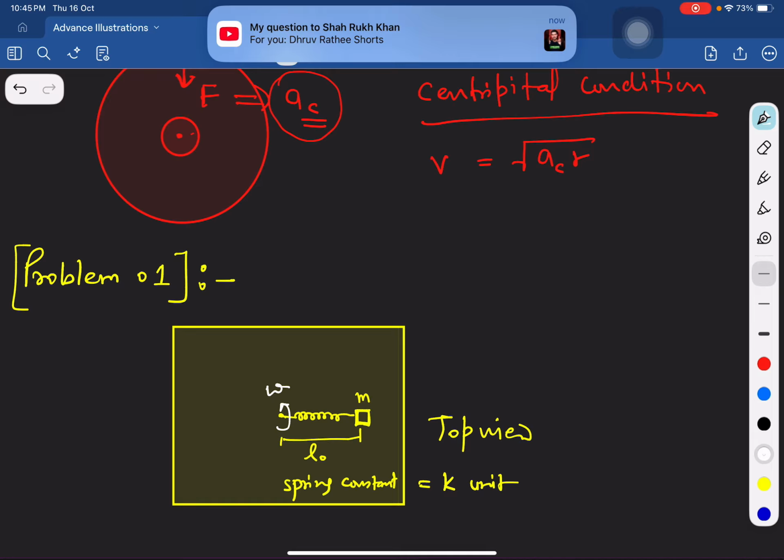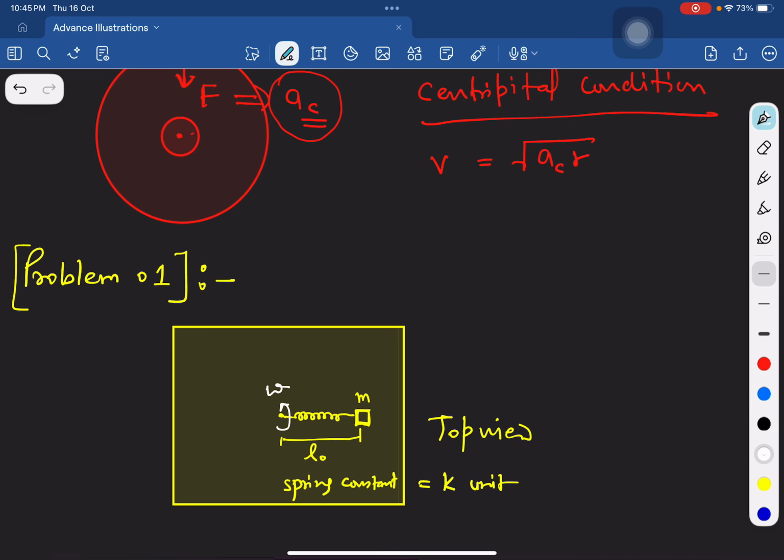The question is, what would be the radius in which the block will be moving, and what would be the force acting in the spring, and the radius of the circle in which it will be moving. This kind of question they might ask.